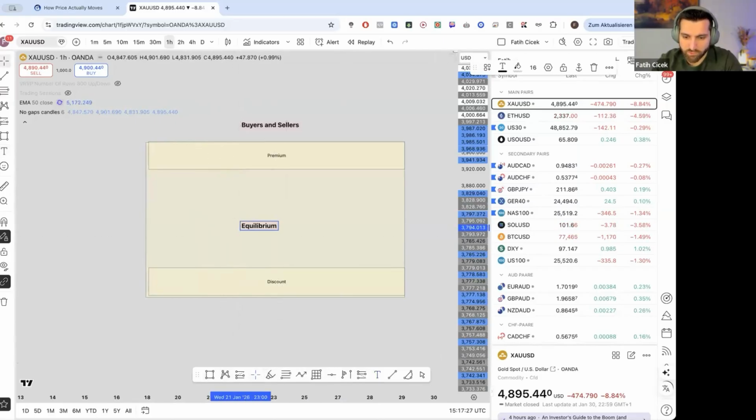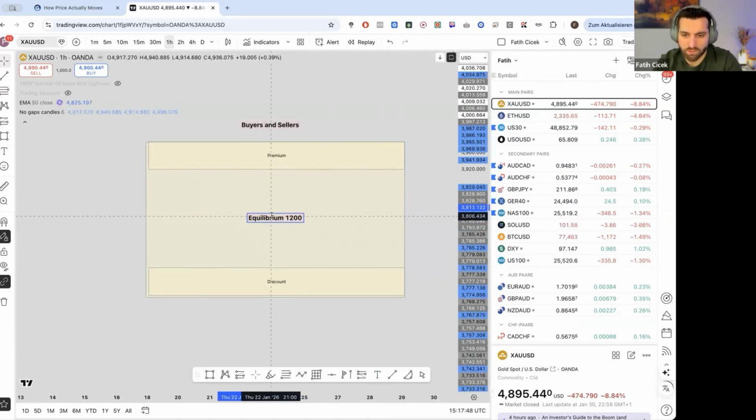What's the price of an iPhone 17 Pro, guys? Okay, so let's just assume it's 1,200. This is going to be the equilibrium price, or we also call this the fair value.